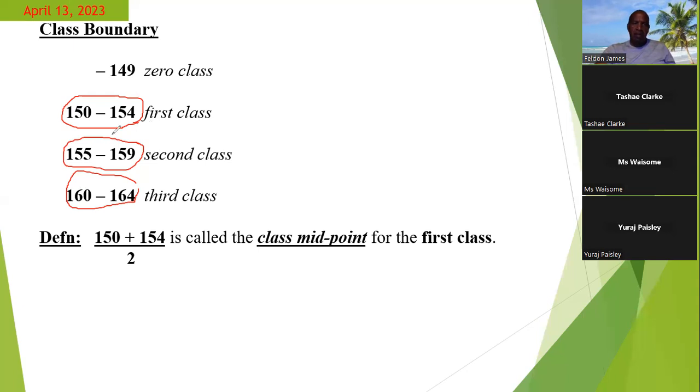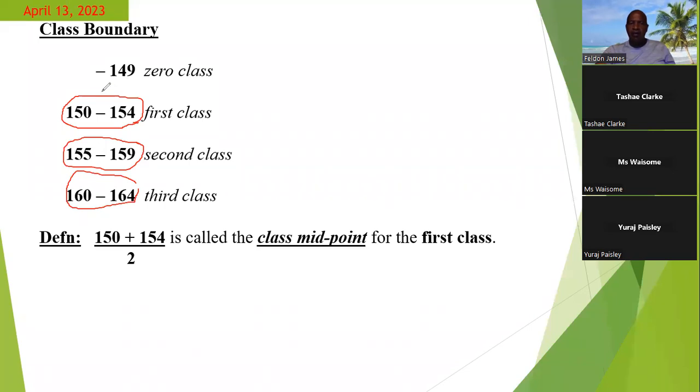Yes, sir. But if you look at the lower value for the first class, it will be 150, right? Yes, sir. And if you share the middle value between 150 and 149, what would you get? 1. If you look at the difference between 149 and 150, the difference would be? 1.